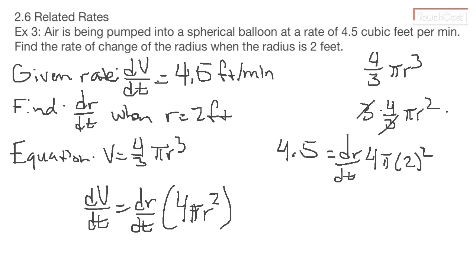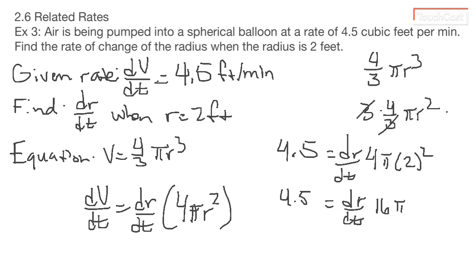Well, 2 squared is 4, and 4 times 4 is 16. So we got 4.5 is equal to dr/dt times 16 pi.